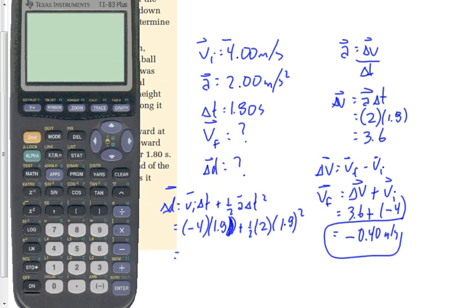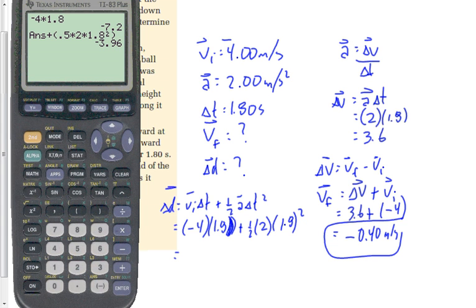All right, so let's do this here on the calculator. Let's say -4 times 1.8. That's the first term. Let's add to that brackets 0.5 times 2 times 1.8 squared. And that bracket, we end up getting -3.96.